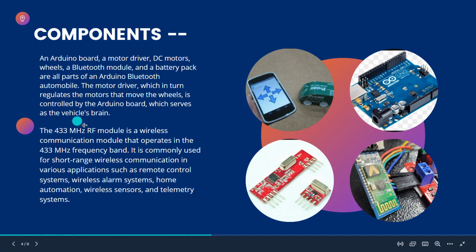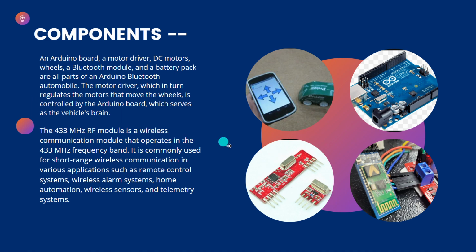The 433 MHz RF module is a wireless communication module that operates in the 433 MHz frequency band, which is why it has got its name. It is commonly used for short range wireless communication in applications such as remote control systems, wireless alarm systems, home automation, and many more.